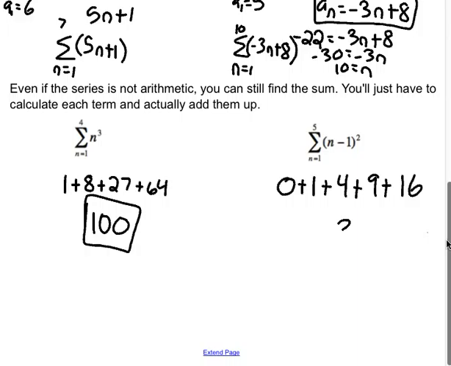And when I add those all up, I get 30. So if you're not dealing with something linear, then sometimes you will just have to grind out what your terms are and then add them all up. All right?